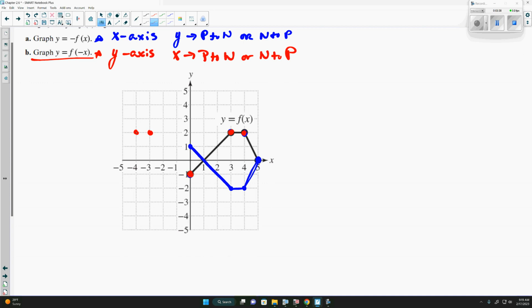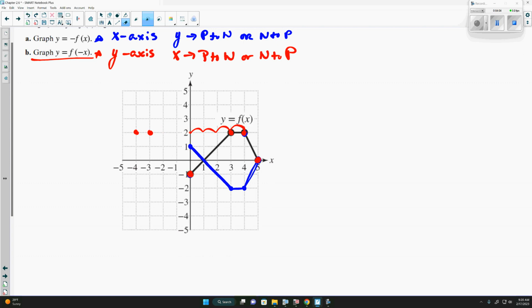We could also think of it as, for the first one here, this one is a distance of 1, 2, 3 away from the y-axis, so we go a distance of 1, 2, 3, and that's our new point. We can also think of this point here as a distance of 1, 2, 3, 4, so we go 1, 2, 3, 4, and that's our new point.